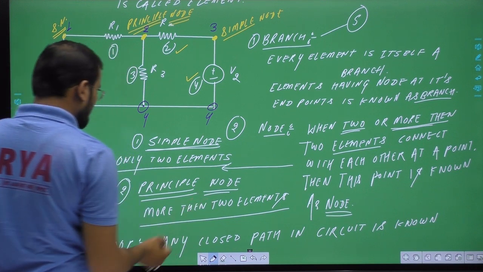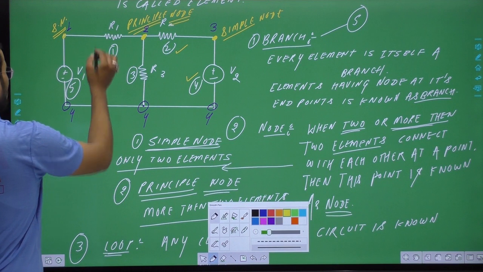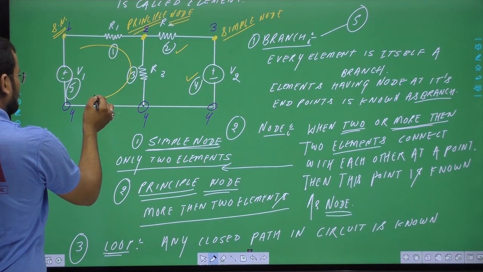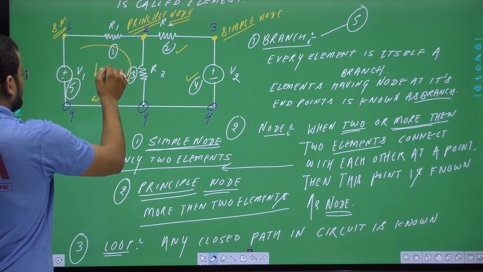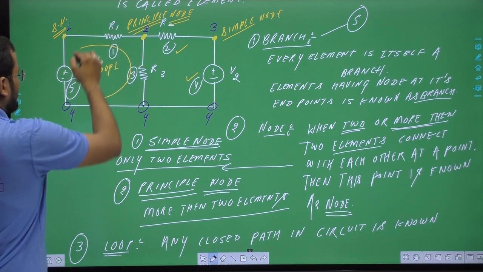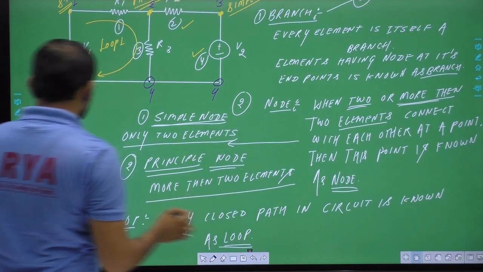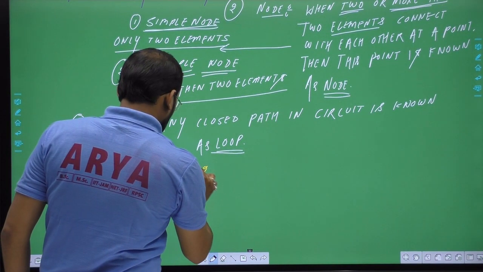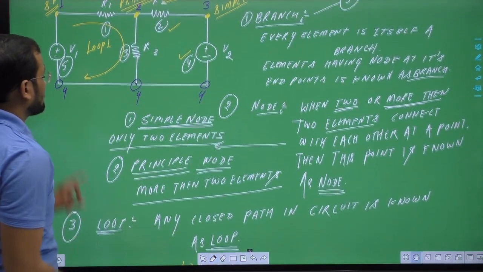Then the first loop is 1, 2, 4, and back to 1. So the first loop is 1 to 2, 2 to 4 and 4 to 1.